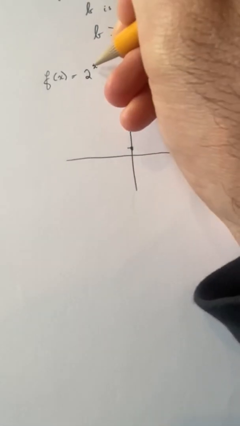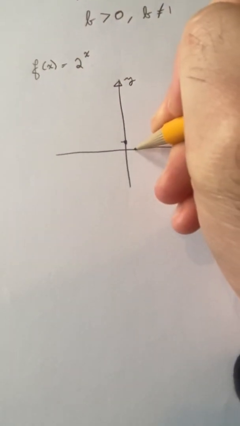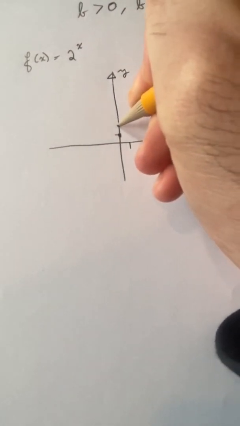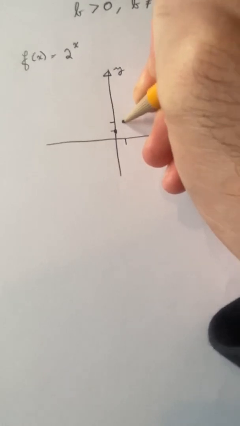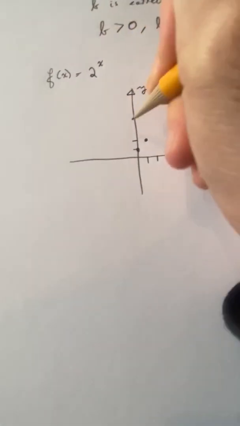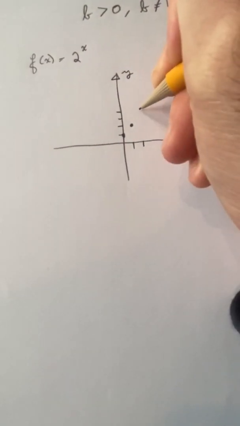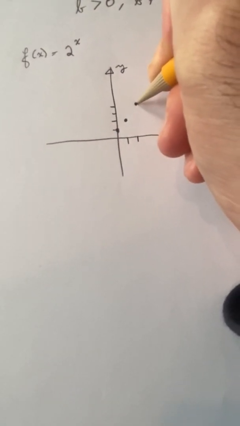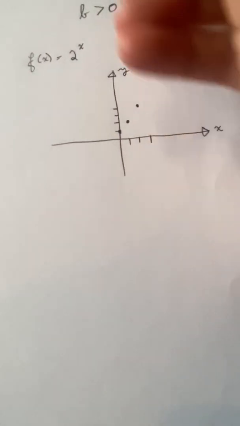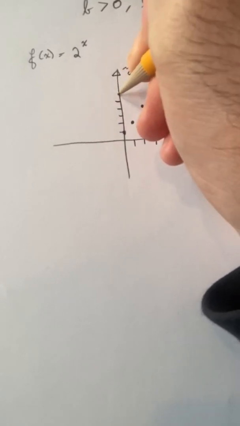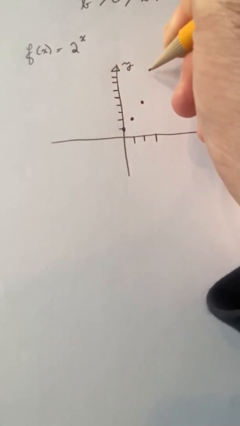Then maybe we'd plug 1 in. 2 to the first power is 2. Then maybe we'd try 2. 2 squared is 4. Then maybe we'd try 3. 2 to the third power is 8.